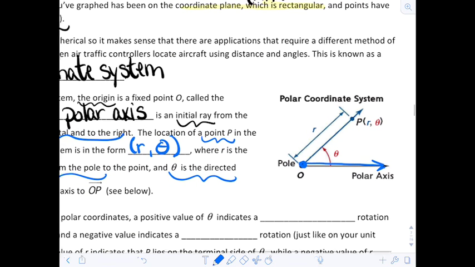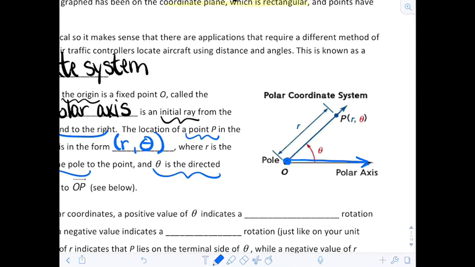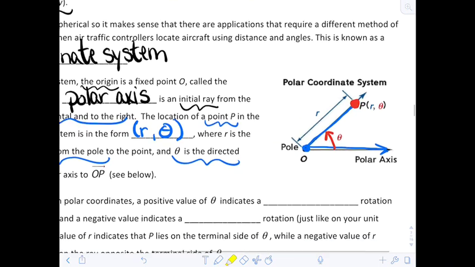As we look at the picture over here, we have the pole, the polar axis, and we can see that r is this value right here. It's the distance. But again, what we're really graphing, keep in mind, is a point. It's a location in space, and it's r, theta. Theta is the angle of rotation from the polar axis, and r is the distance from the pole.